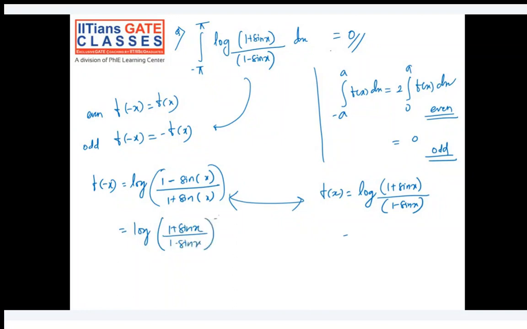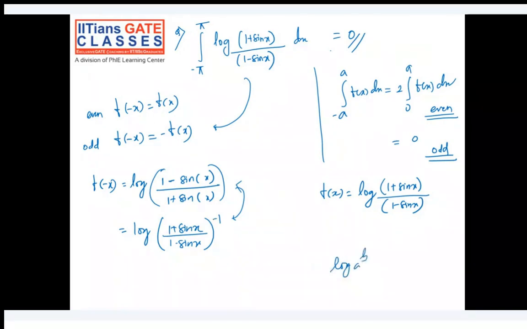That is the reason I am writing it as minus 1 log of 1 plus sin x divided by 1 minus sin x. But what is this term, log of 1 plus sin x divided by 1 minus sin x? That is your f of x. So that's why it is minus f of x. So f of minus x is equal to minus times f of x. Okay. Clear? Yeah. Okay.